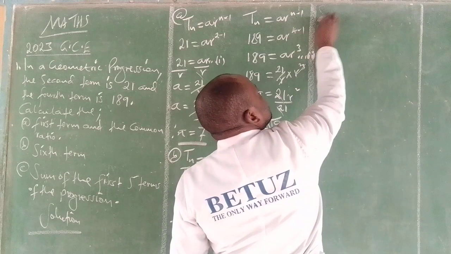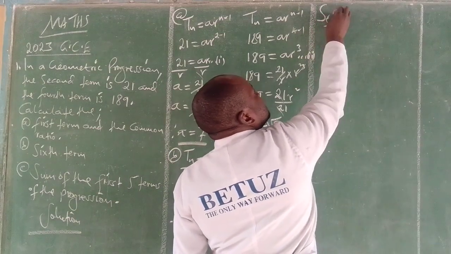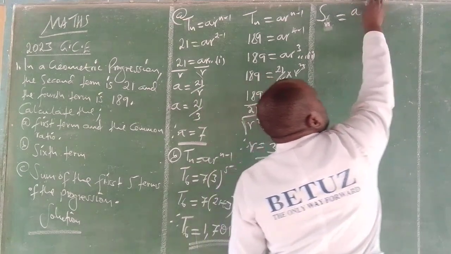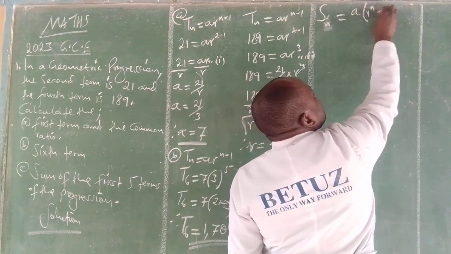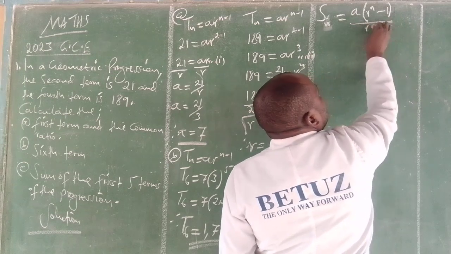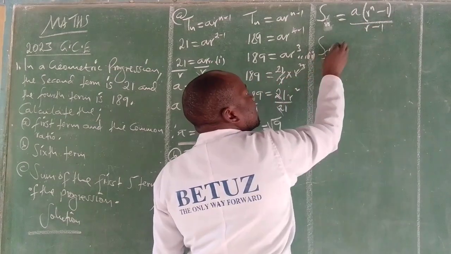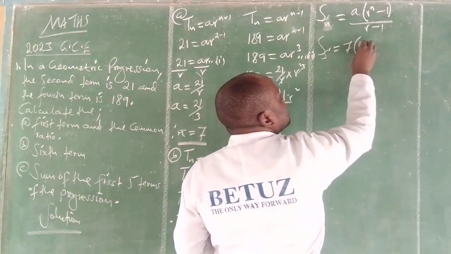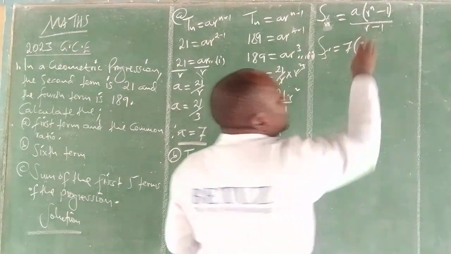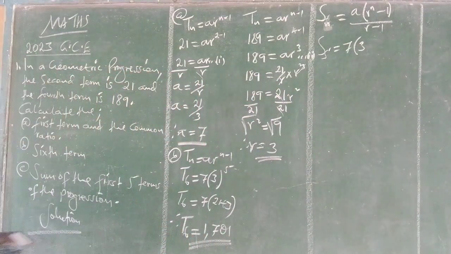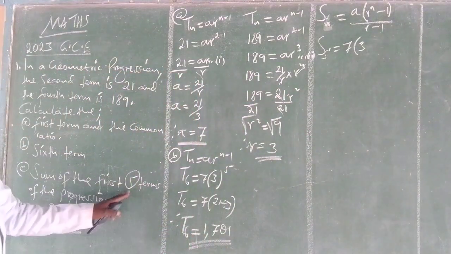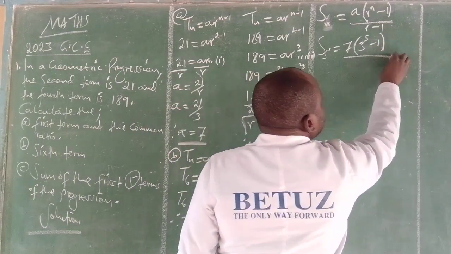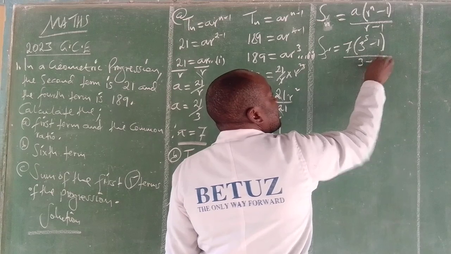So the sum of the n terms is equal to a, open brackets, r to the power n minus 1, close, over r minus 1.